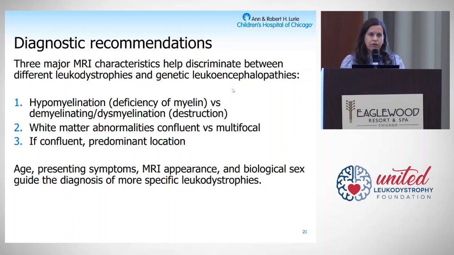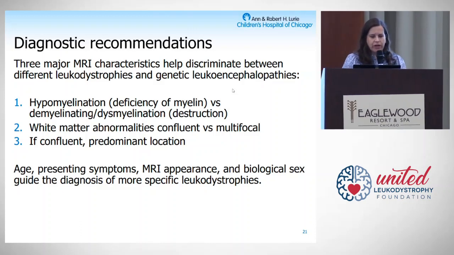It's not uncommon for me to get referred a patient with developmental delay who has abnormal white matter, who actually just had probably an event prior to birth, and they have multifocal areas of abnormality, and so these criteria help distinguish leukodystrophies from other conditions.